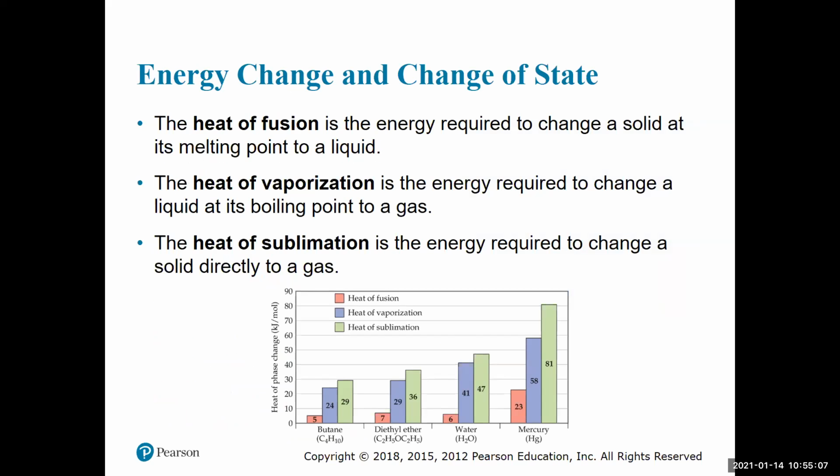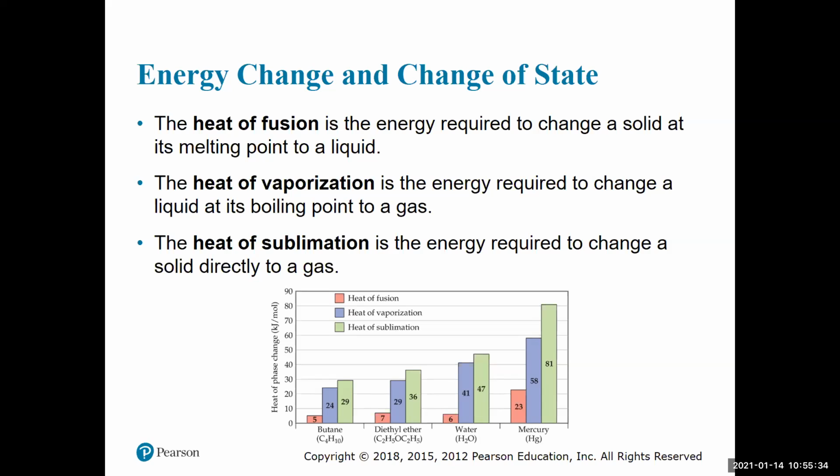So there's a few terms that we need to be familiar with in order to do some of these calculations. And so as we're talking about energy changes and we're talking about change of states, one term that we use is the heat of fusion. And heat of fusion is the energy required to change a solid at its melting point to a liquid.